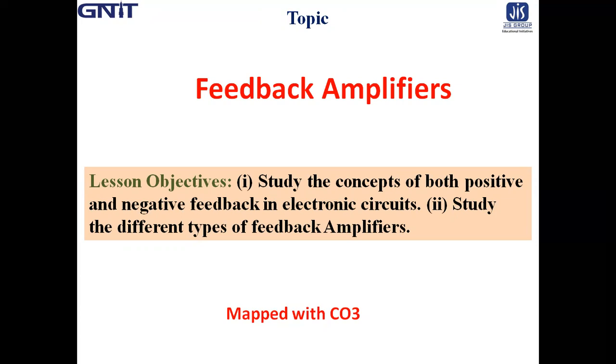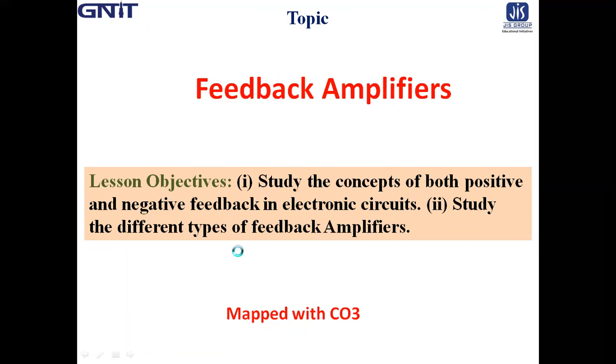Now today we are going to start with types of amplifier and different types of feedback amplifiers. The lesson objectives of today's discussion are: number 1, study the concept of both positive and negative feedback in electronic circuits.